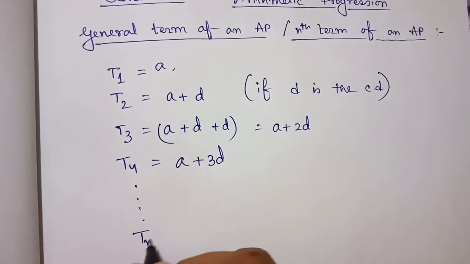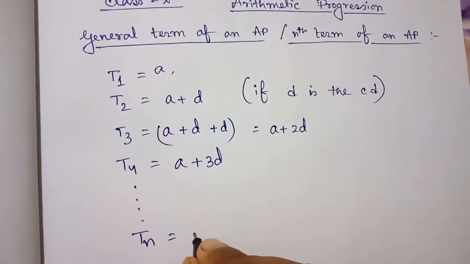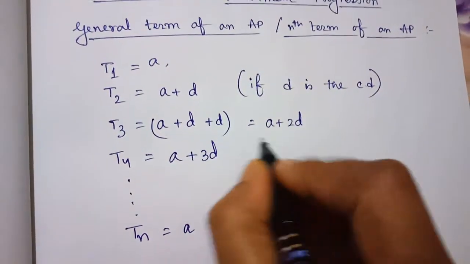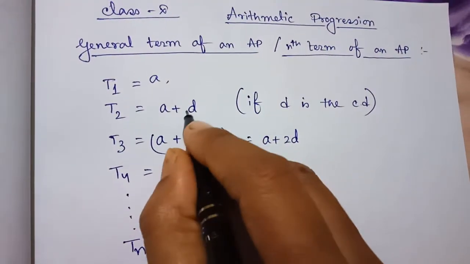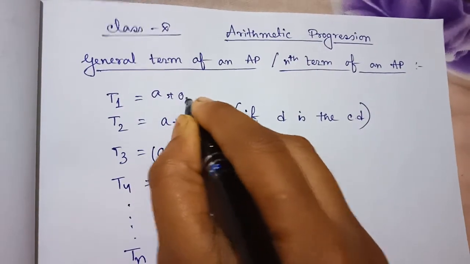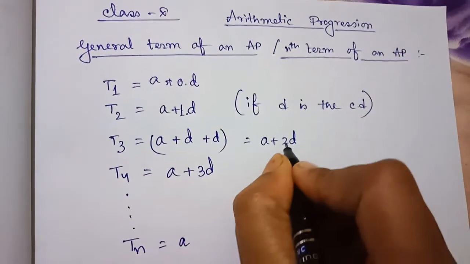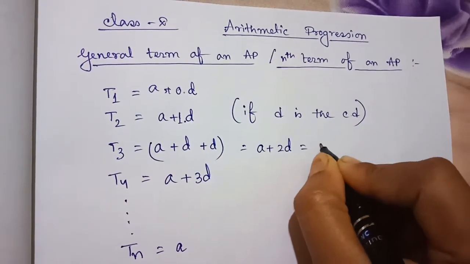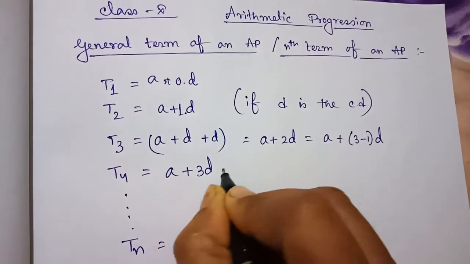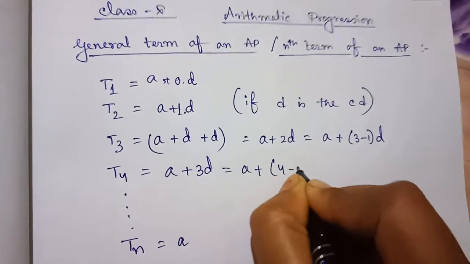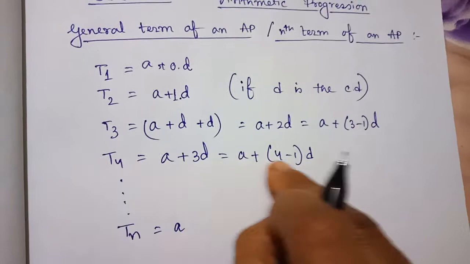Now we will write Tn's value. Look, in every term the first part, that is A, is common, and for the second part, we have to look at the pattern of how it is formed. The first one we can write as 0 into D. The second one as 1 into D. The third one, this 2 can be written as A plus 3 minus 1 into D. This 3 can be written as A plus 4 minus 1 into D. So ultimately you can see that this 4 is coming here.